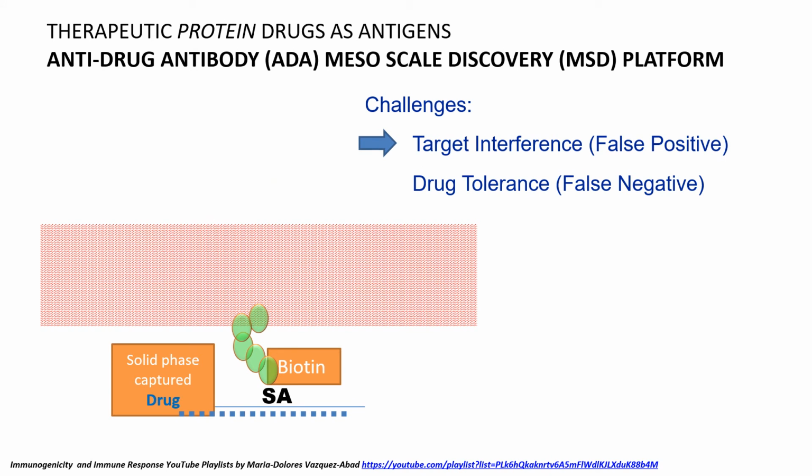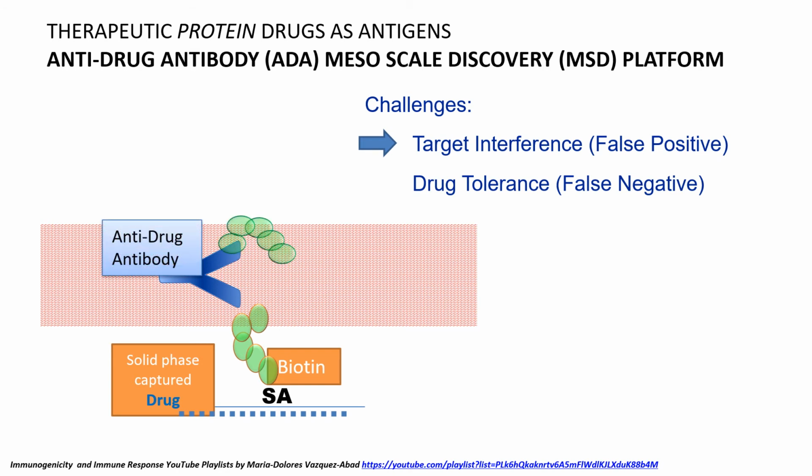What is drug tolerance? Well, let's say that this particular individual or patient example that I'm putting here does have anti-drug antibodies, but this patient also has a lot of drug in the blood. So the anti-drug antibodies are actually bound completely or partially to the circulating drug that they were given.